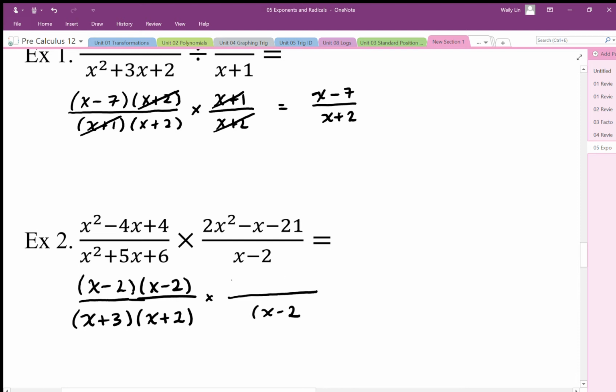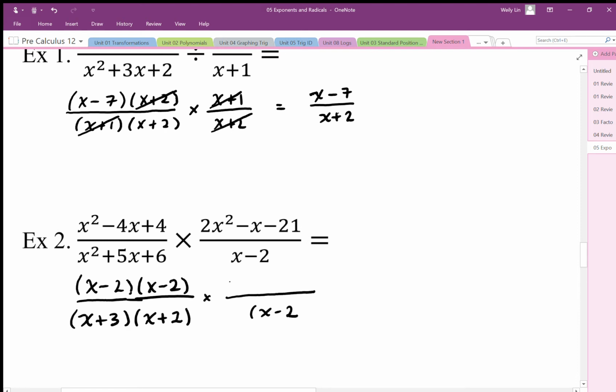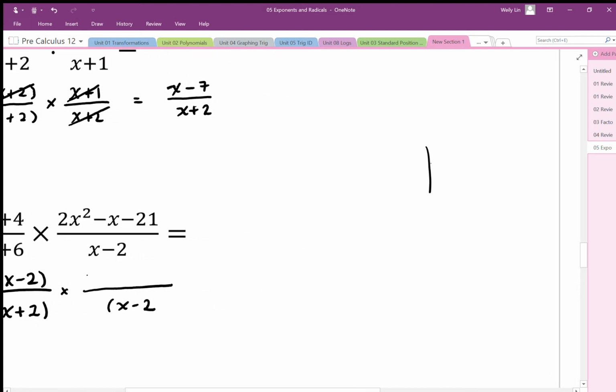Okay, and this is going to factor, I'm just going to do my little grid here. It's got a 2x squared, so 2x squared times negative 21 is going to be negative 42x squared. So multiplying to negative 42 and adding to negative 1, it should be 7 and 6.